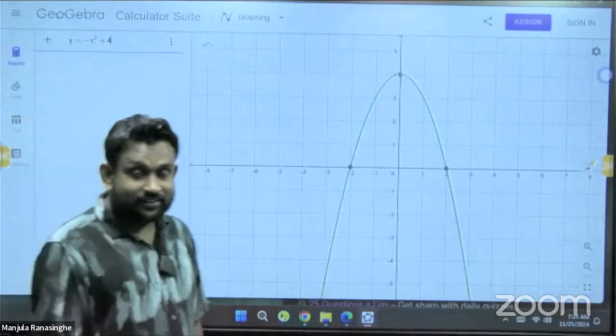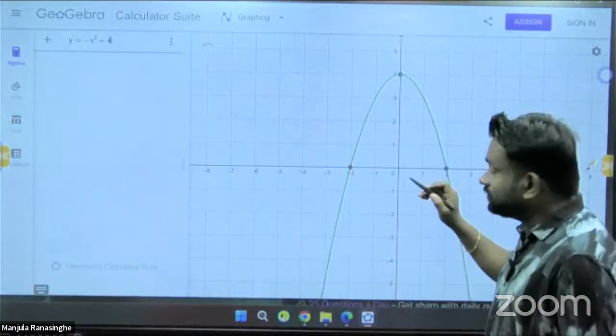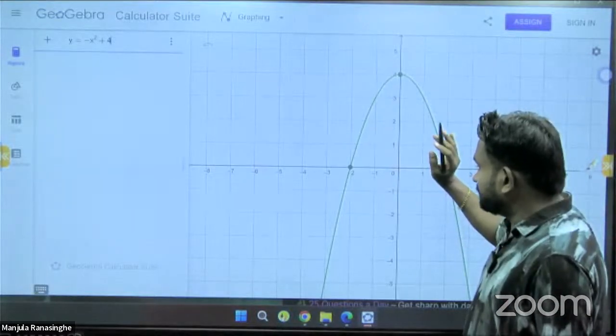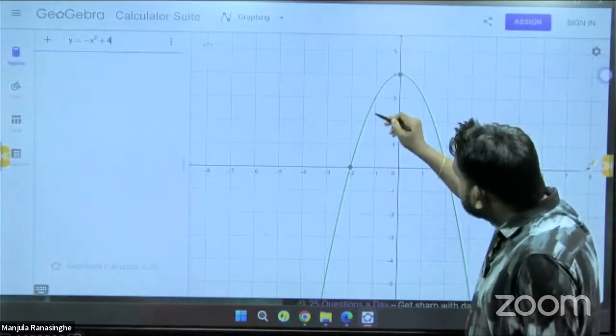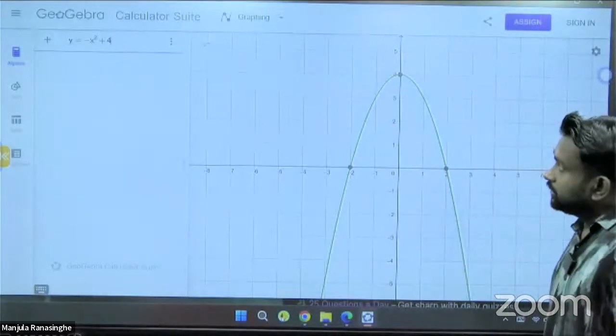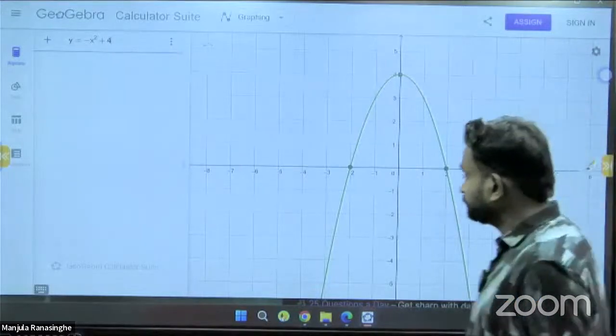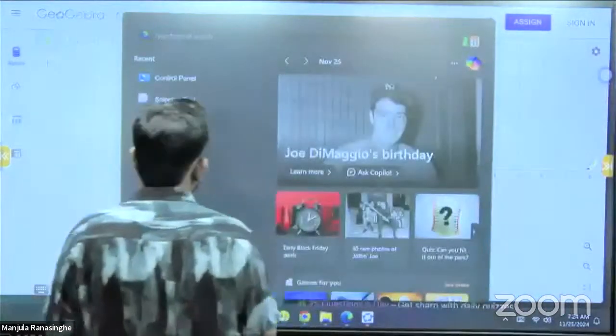So you have to plot the coordinates you are taking. This is the curve, a smooth curve.